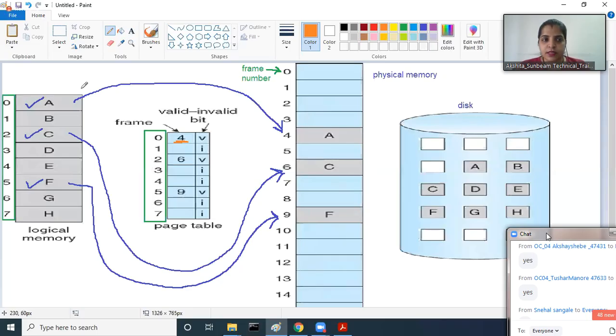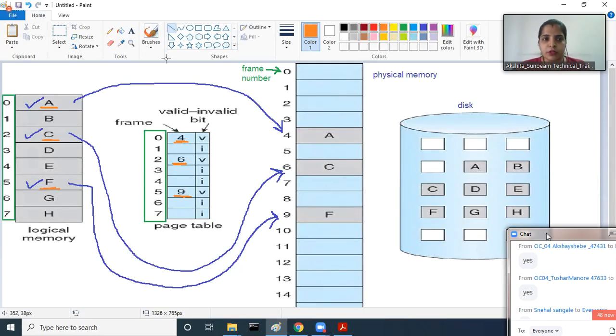Page C is loaded into frame 6. Page F is loaded into frame 9. Why is it keeping all these blank? It is because it maintains that frame number exactly the same. At the 0th location I have A, at the second location I have C, and at the 5th location I have F.